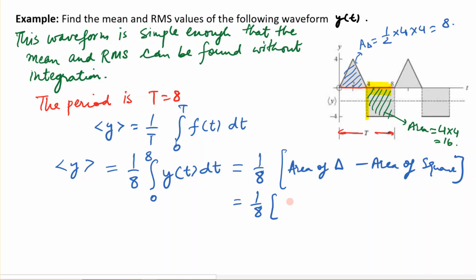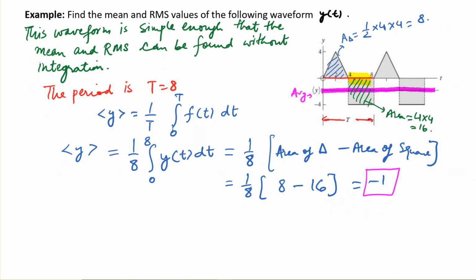So overall, we get area of triangle 8 minus area of square 16. So we get -8 over 8, which is -1. So this is the average of our given waveform, which is -1. And as it is shown in the diagram, this is our average.